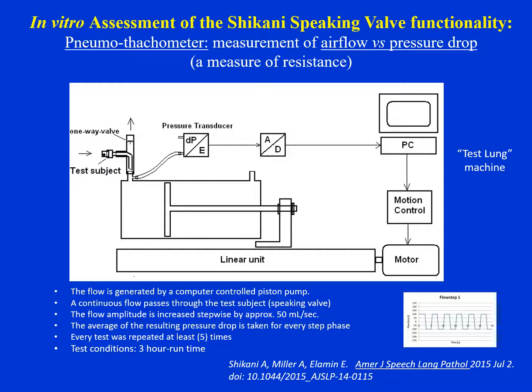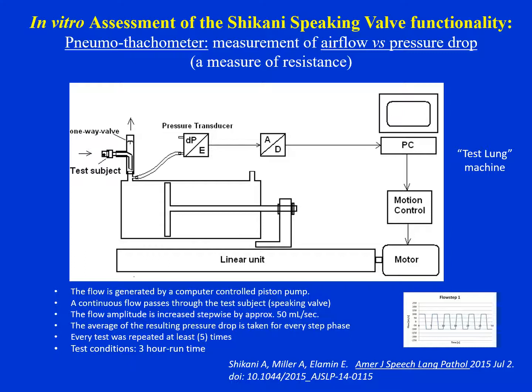This was a multi-institutional collaboration between the MedStar Union Memorial Hospital at Baltimore, the NIH, and the VA hospital in Southern Florida. The Shikani speaking valve was compared to the Passy-Muir flapper valve in the pneumotachometer.